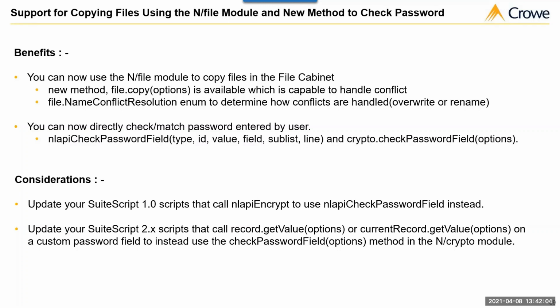It has a capability for conflict resolution. You can specify whether you want to override the same file or rename it, if you are copying a file into the same folder. If you are copying the file to another folder, it doesn't matter. And the other important thing I found in this release is the check password capability.